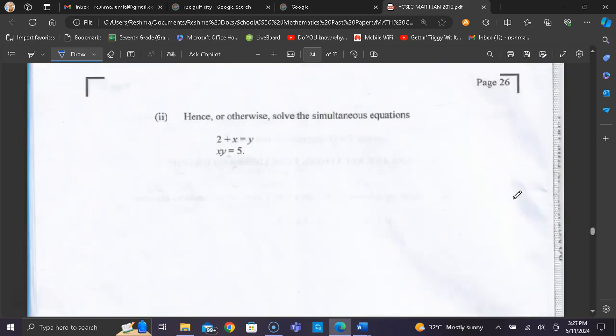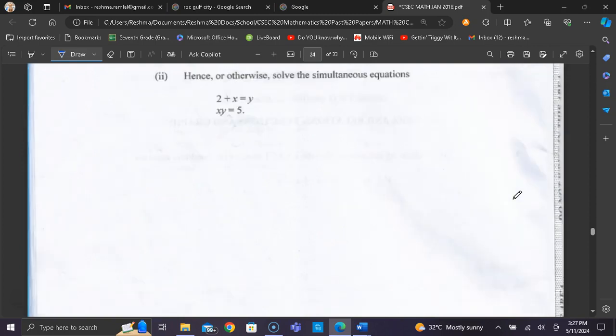So there is a second part to this question. Part 2, hence or otherwise, solve the simultaneous equations, right, for 4 marks. 2 plus x is equal to y and xy is equal to 5. So let's label this equation 1 and this is equation 2.